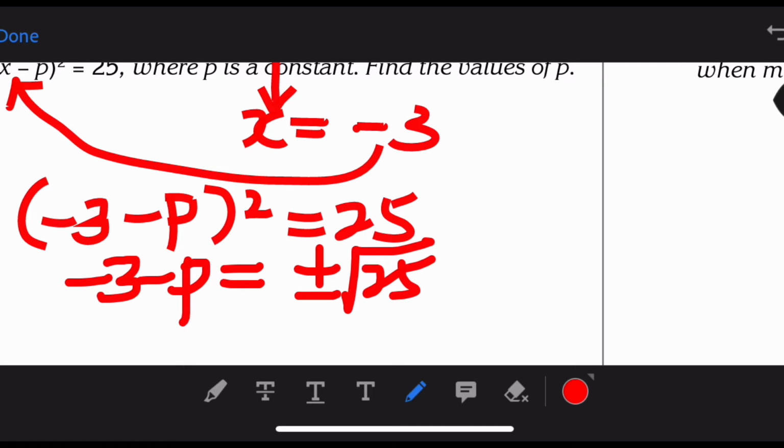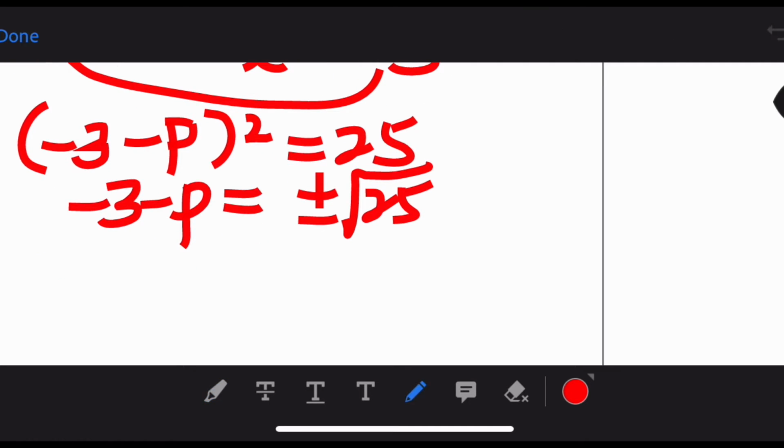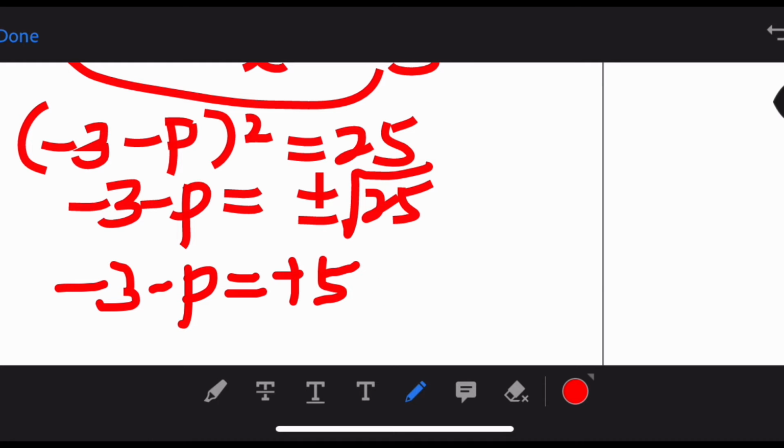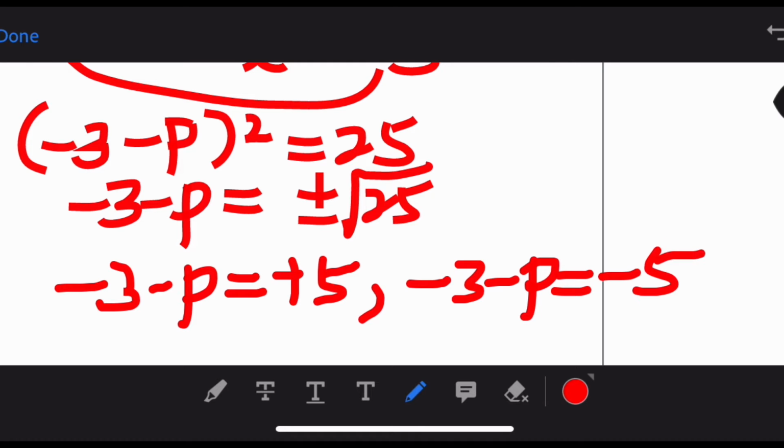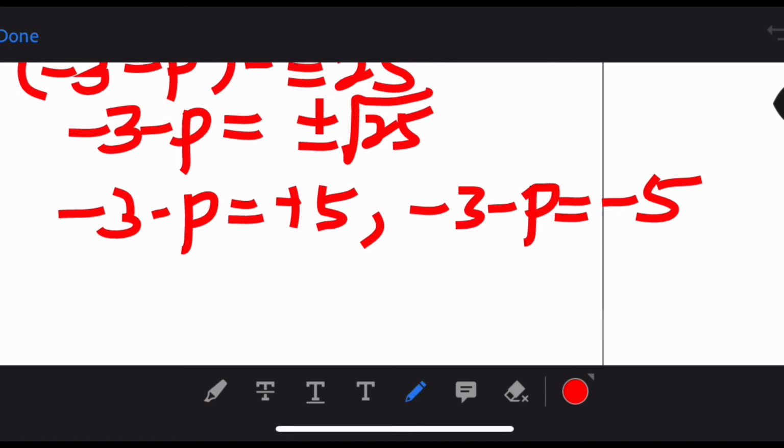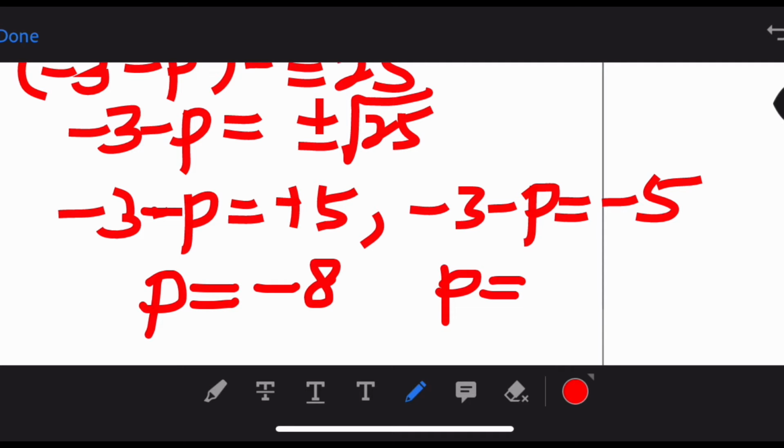I will have two answers: one is positive 5 and the other one will be negative 5. So whenever you square root, always remind yourself it must be positive and negative, unless it is about magnitude. So if you solve, your p is negative 8 and then your p is 2, right? Negative 3 plus 5, so it's 2.